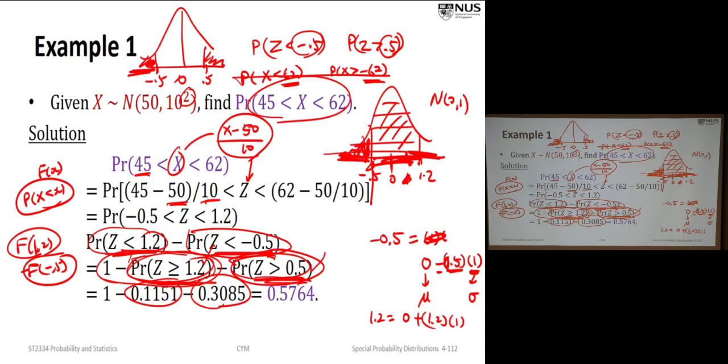If Z greater than 1.2 is true, then Z greater than 0.5 is automatically true. 0.5 is here, so the probability of greater than 0.5 means this probability. 1.2 is here, and because 1.2 is further away, the probability will be smaller.